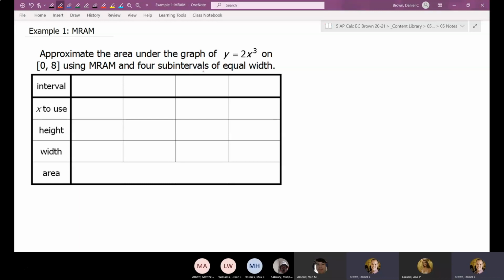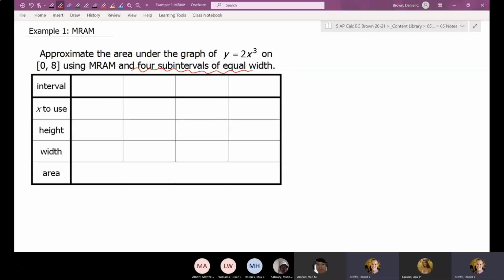So I have a chart in my notes right here, and you don't have to use a chart to answer the question. I do think it's nice to have a chart just because it organizes your answers, but ultimately, as long as you have the final correct answer, then that's all you really need to do.